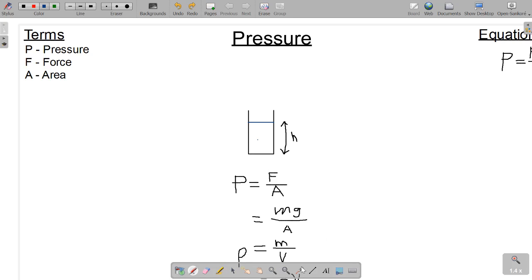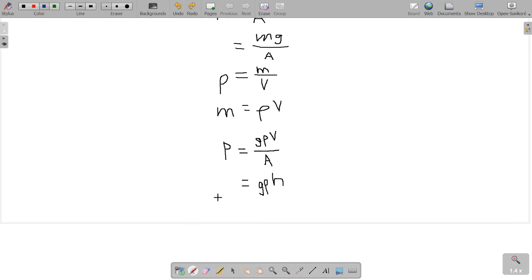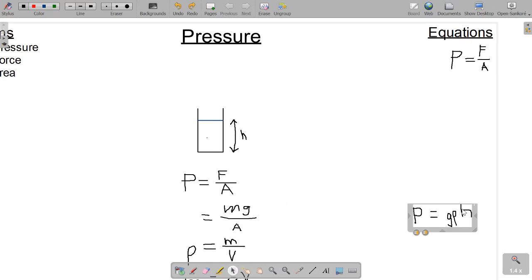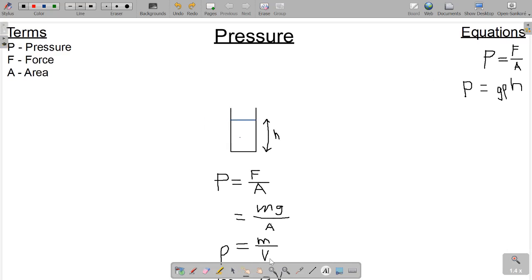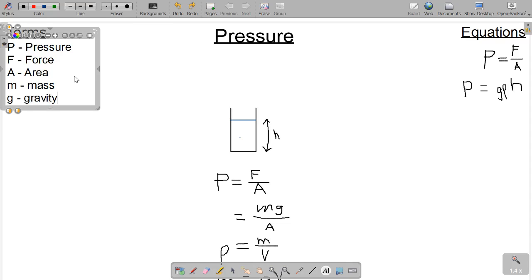Let me move this here, and the definitions, and erase everything else. m is the mass. g is the acceleration of gravity.